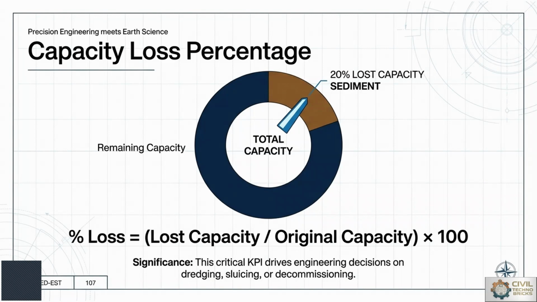Once the percentage reaches a certain threshold, GIS-based analysis helps engineers decide whether to perform manual removal, also called dredging, or flush the sediment out, also called sluicing, or in extreme cases, demolish the entire structure.